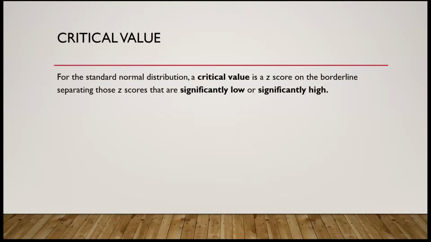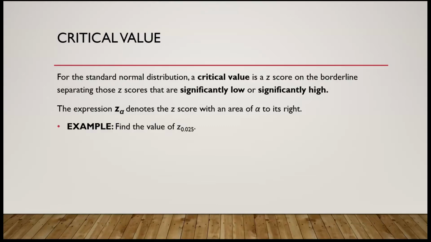One more important concept for today, critical value, which for a standard normal distribution is a z-score on the borderline separating those z-scores that are significantly low or significantly high from non-significant. The expression z of alpha denotes the z-score with an area of alpha to its right. Alpha is a letter of the Greek alphabet.